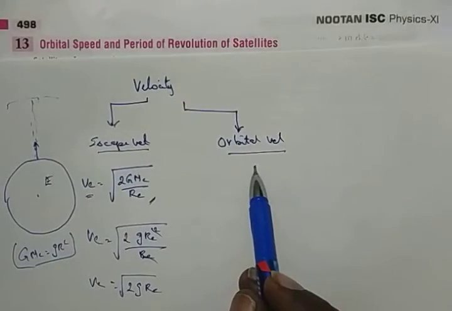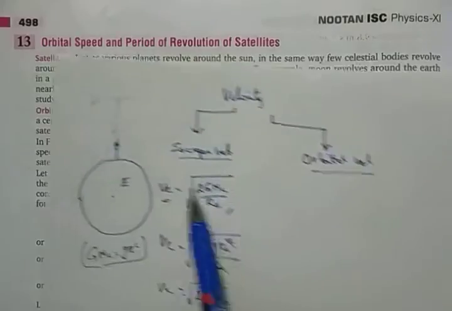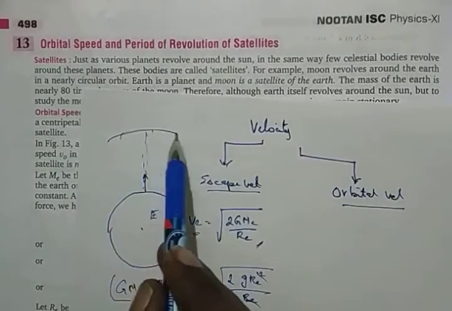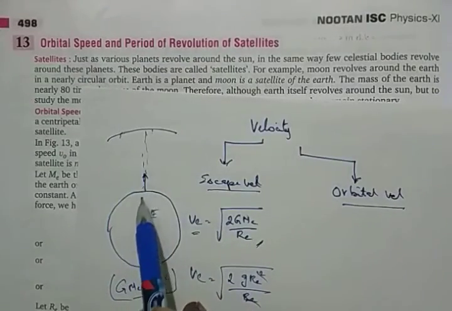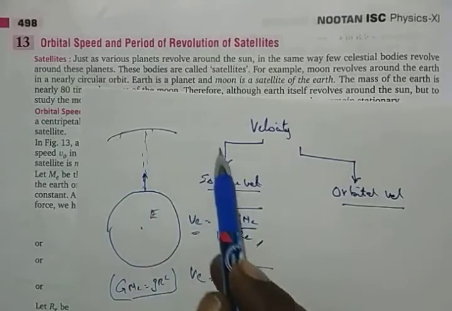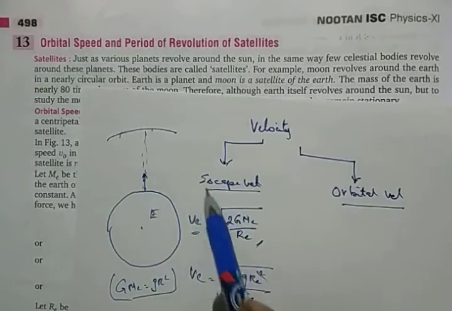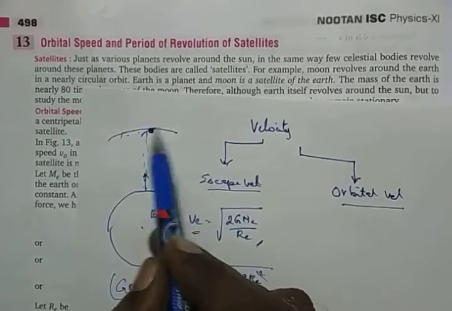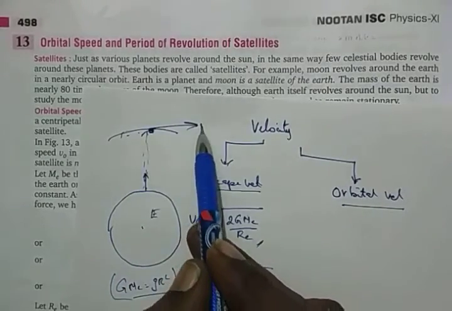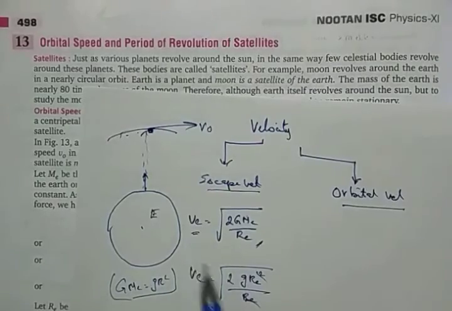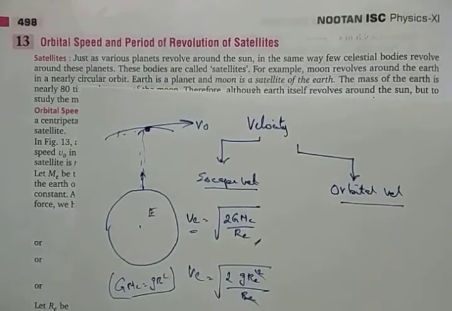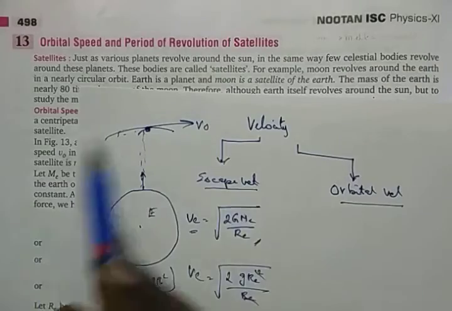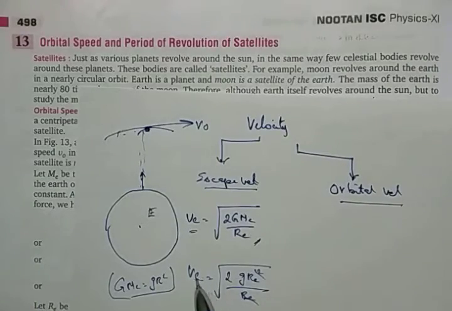Now we are going to see orbital velocity. Now that the satellite has gone above, it usually takes a trajectory, like it just makes a kind of a curve and then goes. So as it has reached that point, at the end you have to give a final push for the satellite to go around the Earth in an orbit.